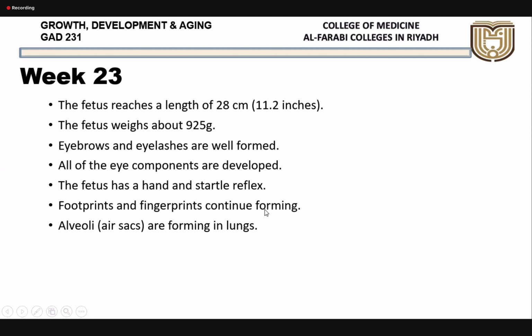Now, as you know, fingerprints are very specific to each person, because of which we do fingerprinting. Similarly, even footprints are very specific. These are formed at this stage of life, that is, the 23rd week of intrauterine life. Whenever it is in the uterus, we call that life intrauterine life.